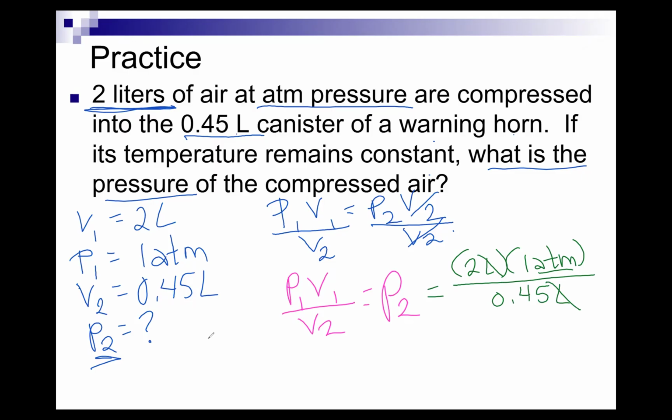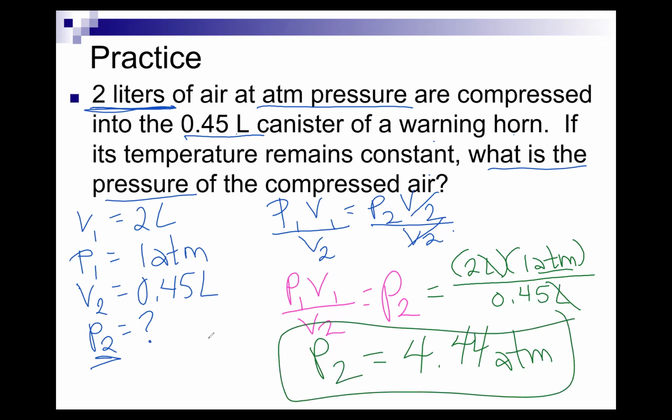That leaves me with atmospheres. So 2 times 1 divided by 0.45 gives me 4.44 atmospheres. So P2 is 4.44 atmospheres.